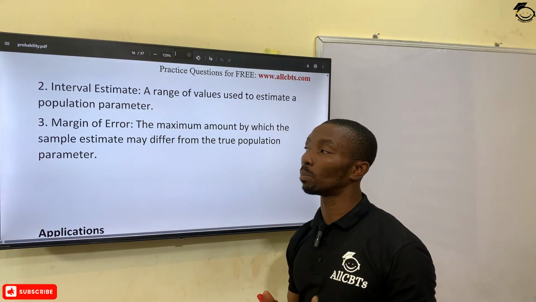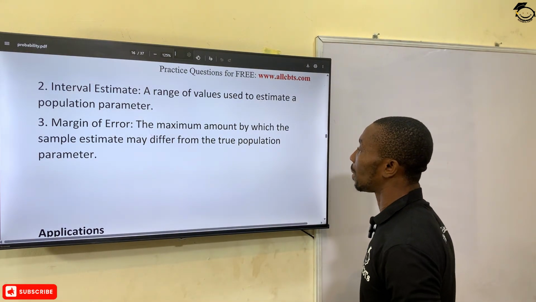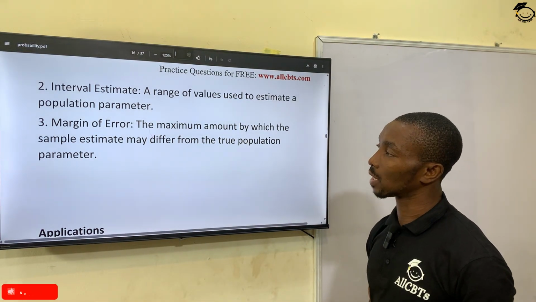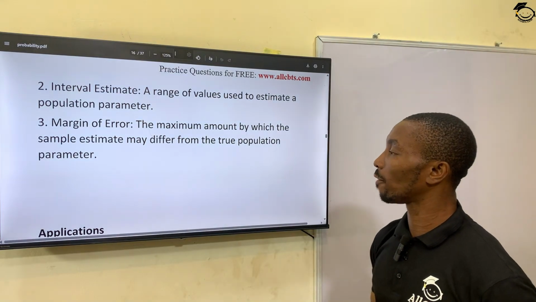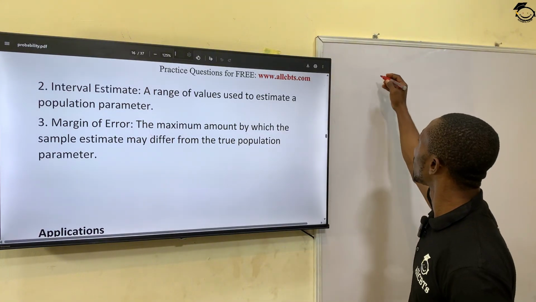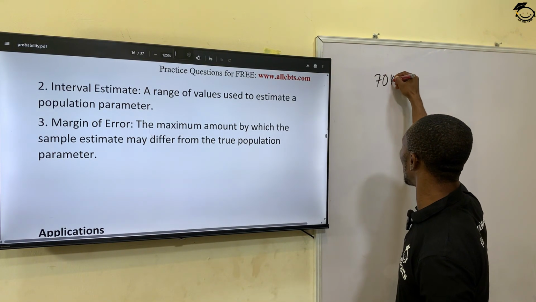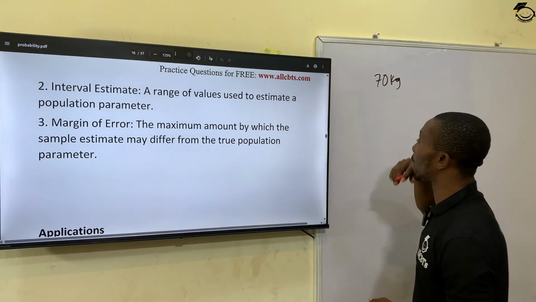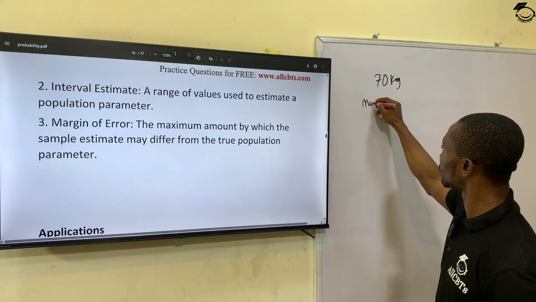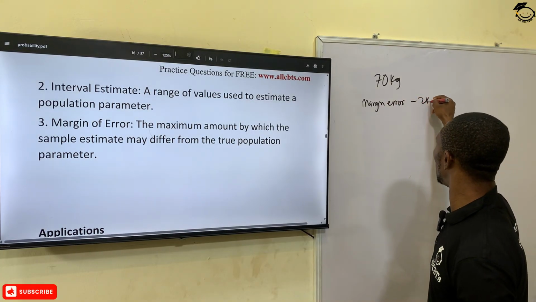Now, when we talk about margin of error, the margin of error is the maximum amount by which the sample estimate may differ from the true population. For an example, if we have our average to be 70 kg, okay, and we give a margin of error of 2 kg.